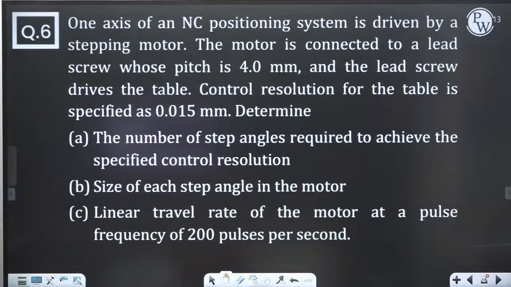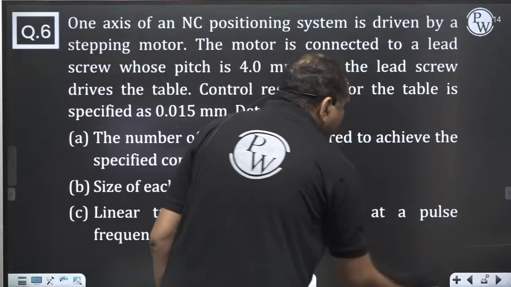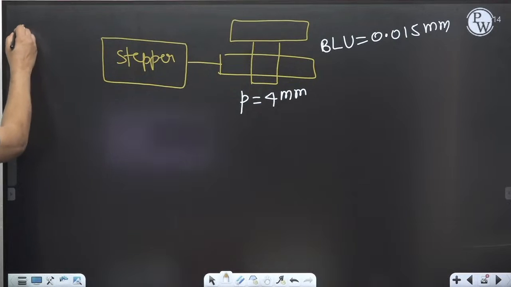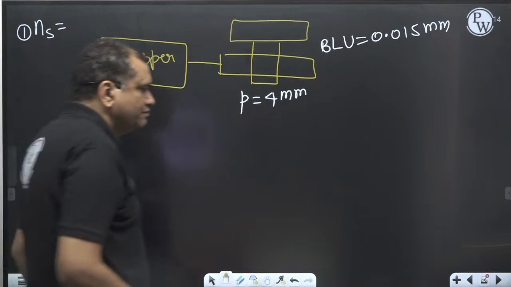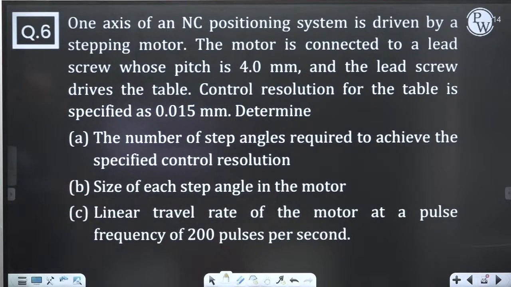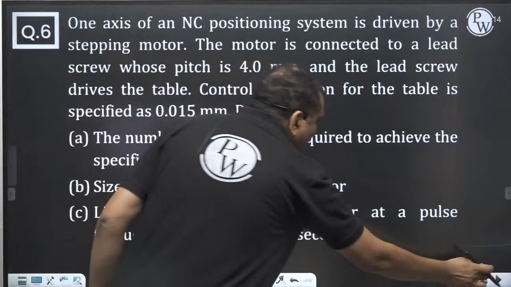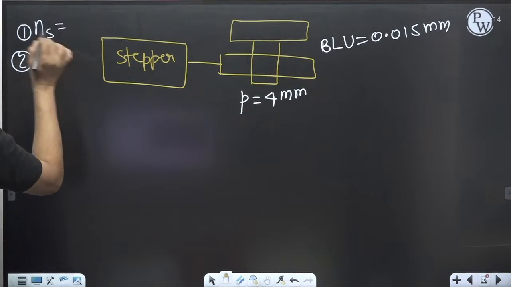The number of step angles required to achieve the specified control resolution. So first question is, you have to find out the number of steps, and the size of each step angle in the motor, meaning what is the step angle?